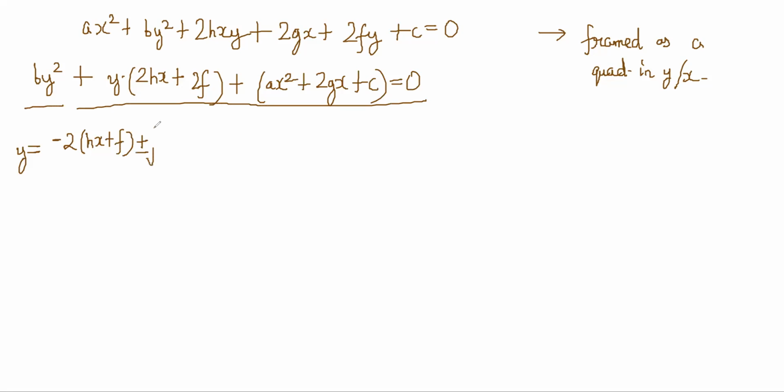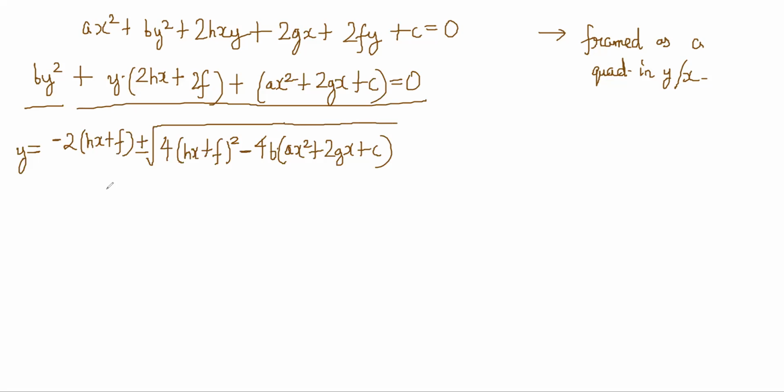plus minus root over b square. So 4 times hx plus f whole square minus 4 into b into ax square plus 2gx plus c, by 2 into b. Now notice that this 4 will come out and 2 will cancel it and 2 will cancel this.